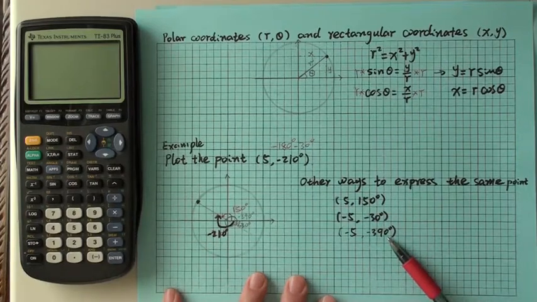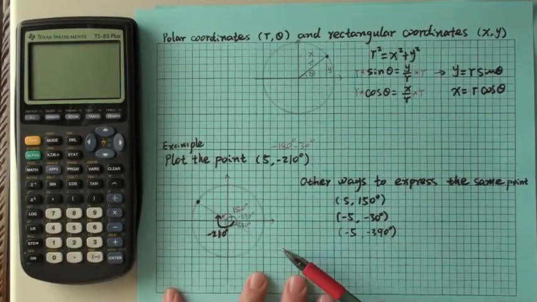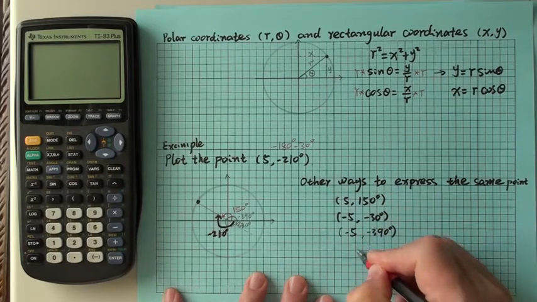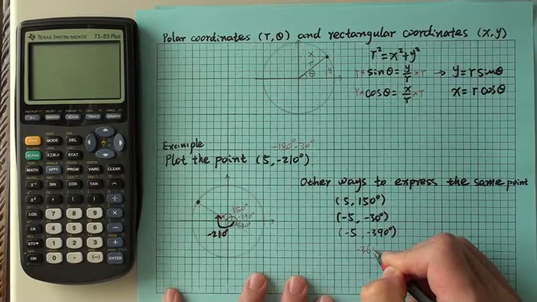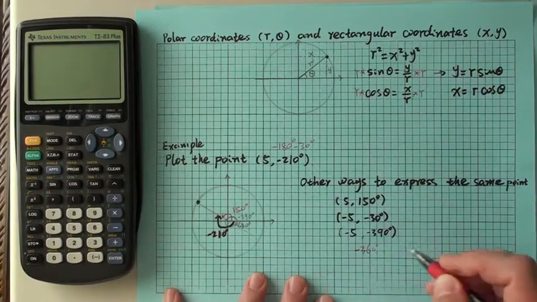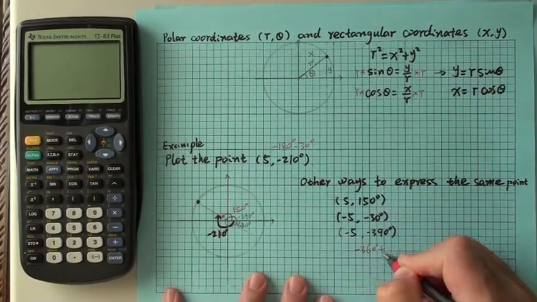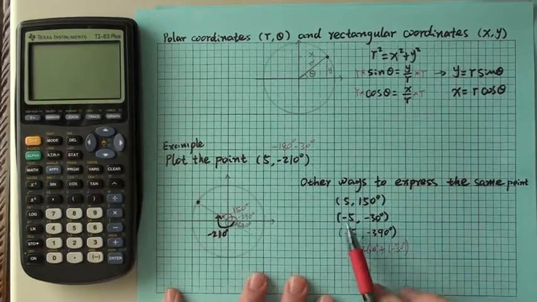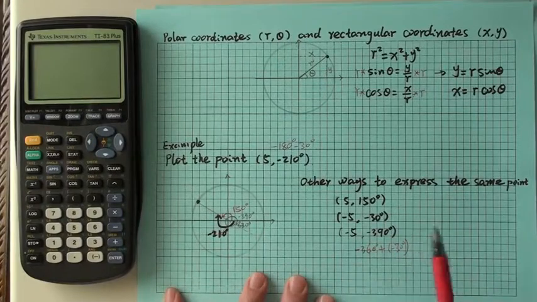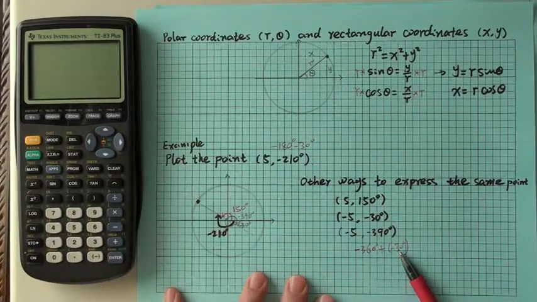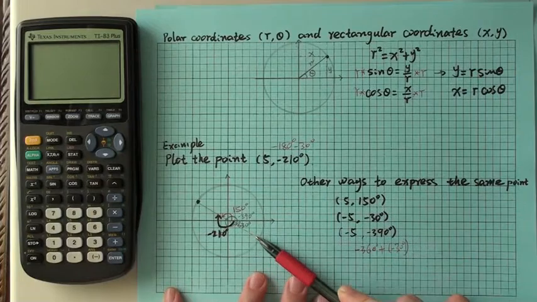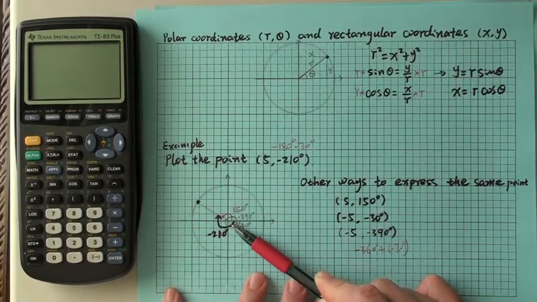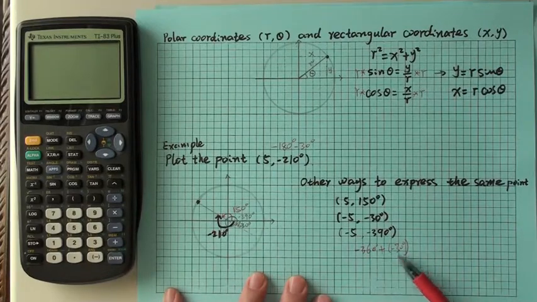And this is the third way. You see, negative 390 degrees is negative 360 degrees plus negative 30 degrees. We know this is the one. So if you do negative 30 degrees, that's on this side. You can continue to rotate another 360 degrees in the negative direction.